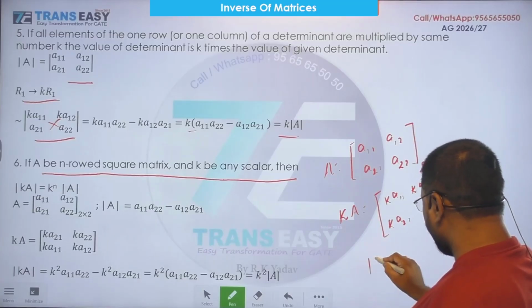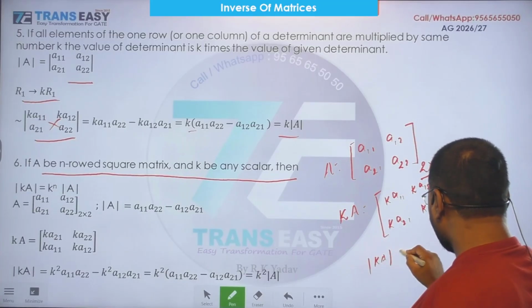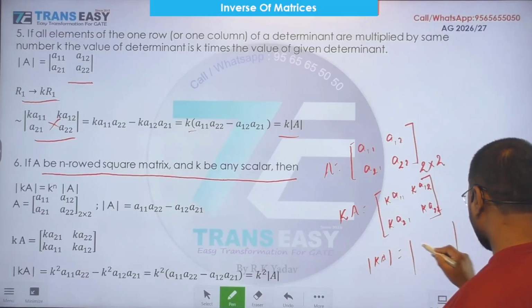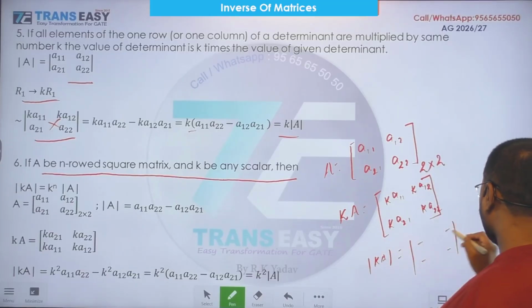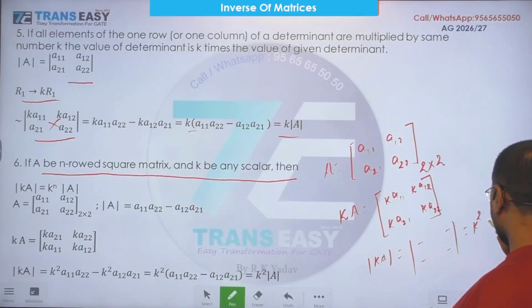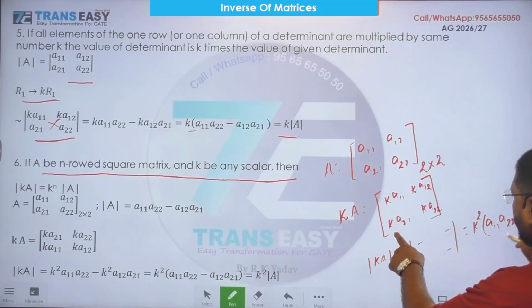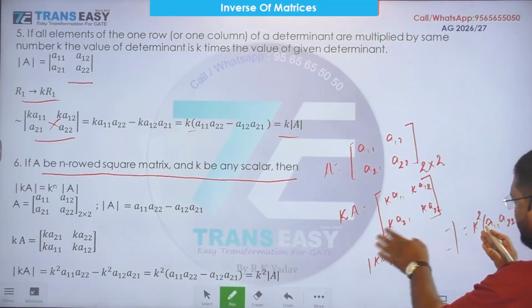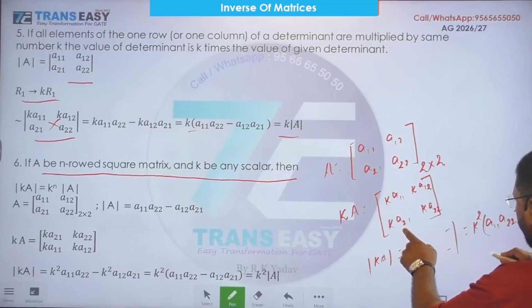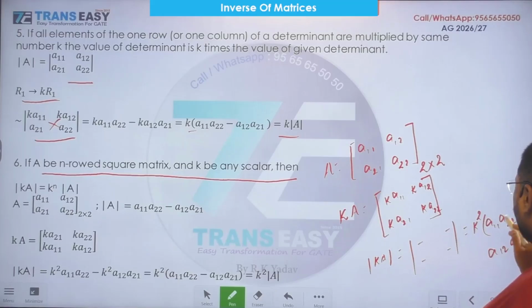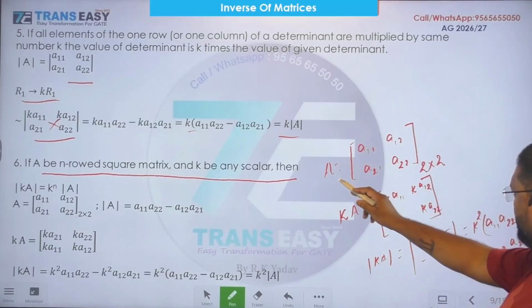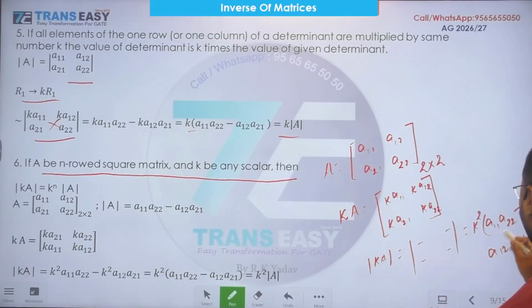Now take its determinant value. क्या हो जाएगा? k square a11 a22 minus k square a12 a21. So k square taken as common. So this is the value of the original determinant of matrix A, right?